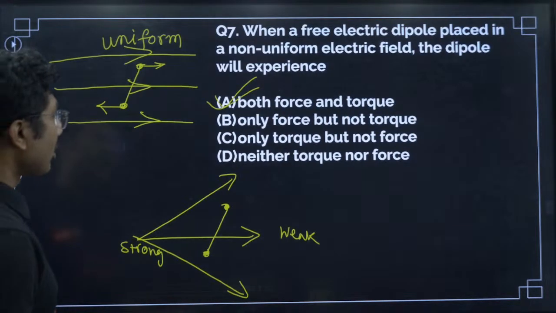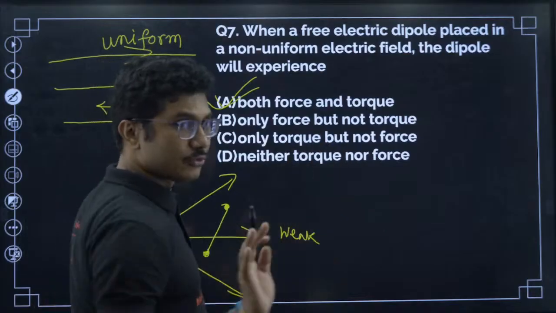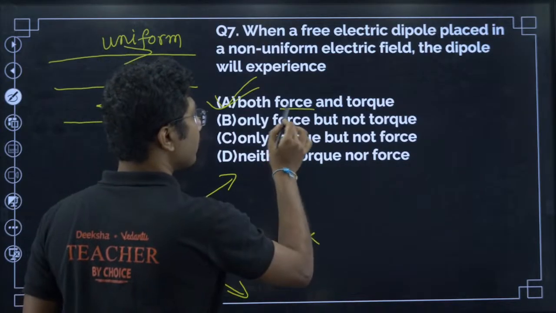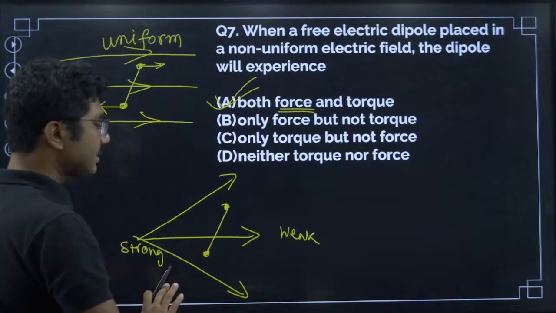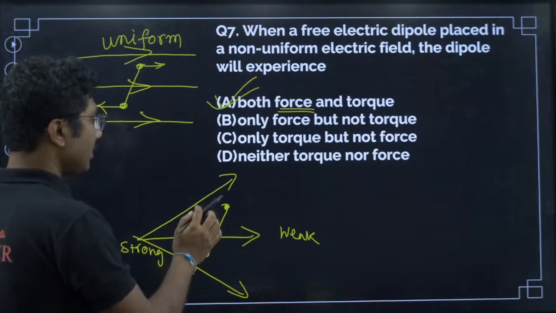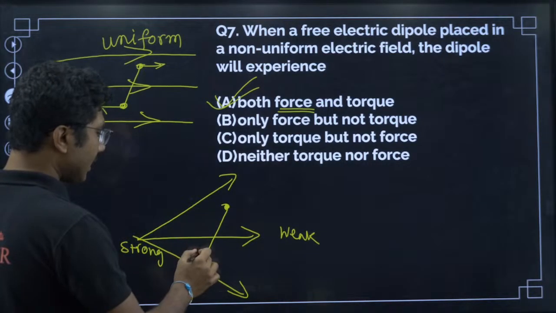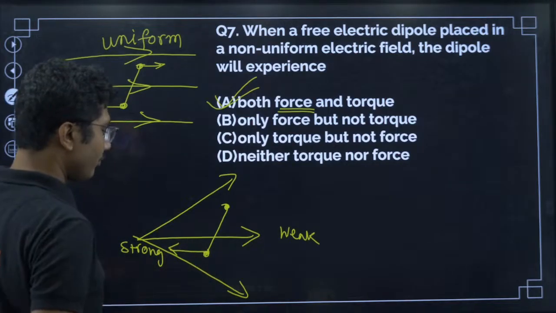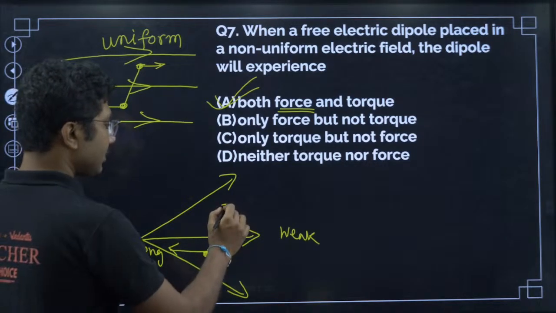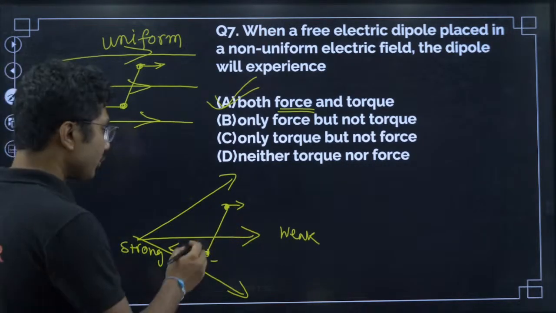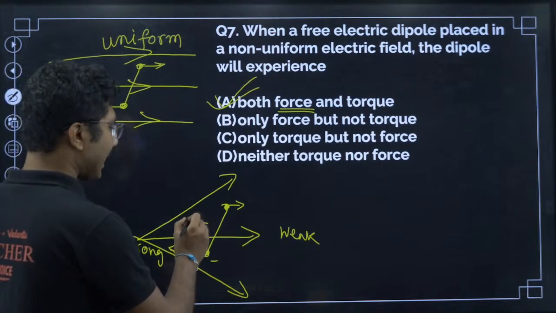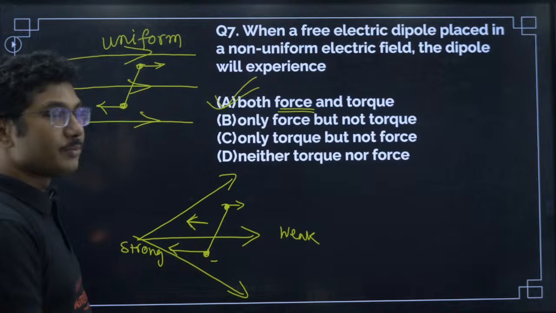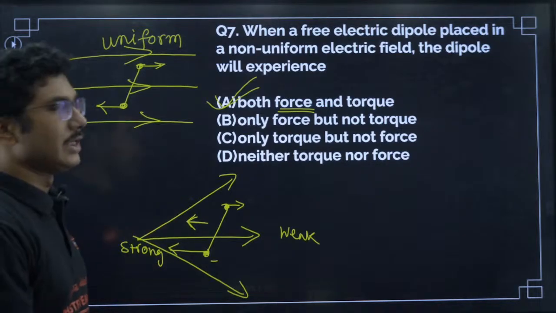Let us see. Not C, only torque but no force. No, no, no. It will experience force also. I explained that. Because the electric field is not uniform, it will experience force as well. Suppose this is a strong electric field, so this charge will experience more force. Suppose this is negative, this is positive, this will experience less force. So, there will be a net force acting in this direction, and there will be a force acting on this system as well.